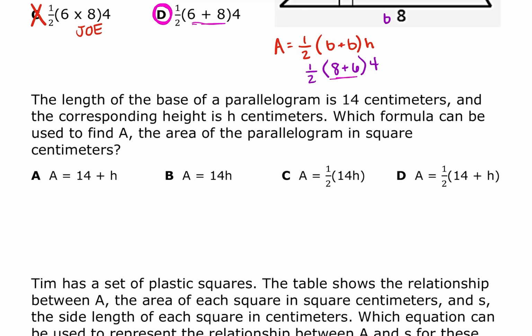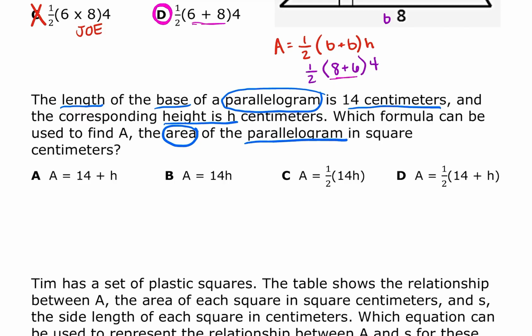All right, next one. The length of the base of a parallelogram, there's my shape, is 14 centimeters. The corresponding height is H. Which formula can be used to find the area of the parallelogram in square centimeters? So I need you to pay attention here.